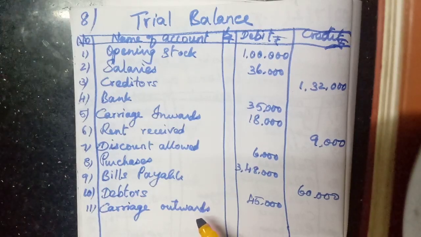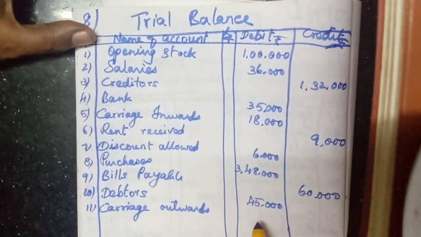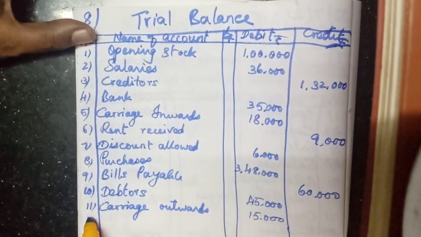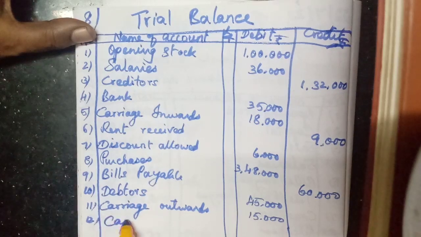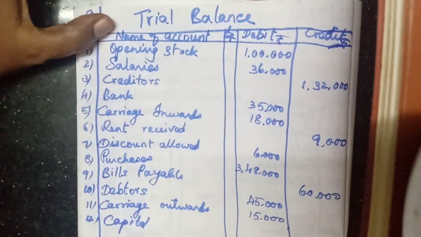Carriage outward 15,000. Expense. Debit. Capital. Capital should be credited only, isn't it? 1,63,000.